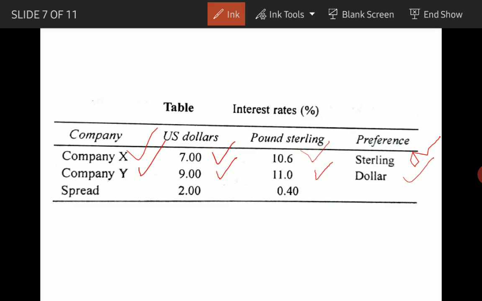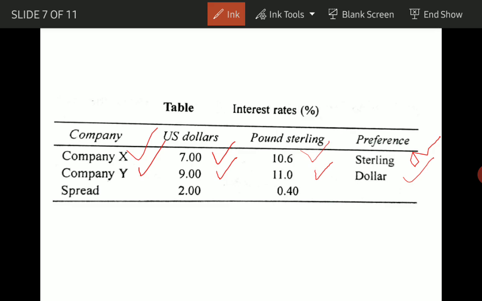Why is company X doing this? Because if you check the two companies' interest rate quotations in the dollar market, company X gets loans at 7% and company Y at 9%, so company Y is paying 2% more interest than company X. In the pound sterling market, company X will get a loan at 10.6% and company Y at 11%, so company Y is paying only 0.4% extra.